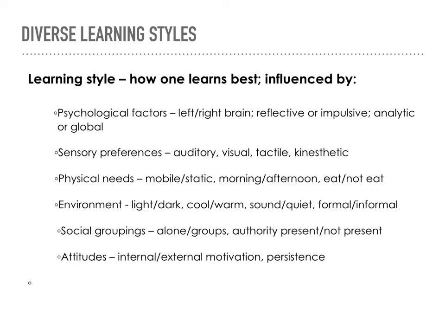So intake or non-intake? The environment, do you like it light or dark? Cool or warm? Some sound or absolute quiet? Formal setting, informal setting? Social groupings, do you work alone or in a group? Work with authority present or not present? And attitudes, internal or external motivation, and persistence.